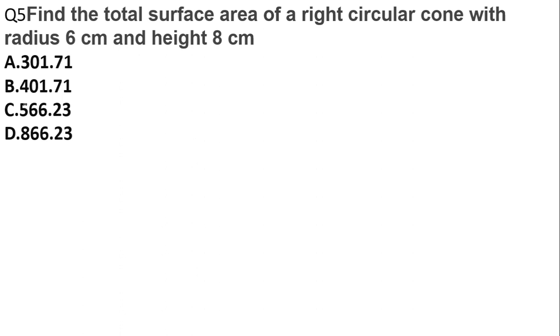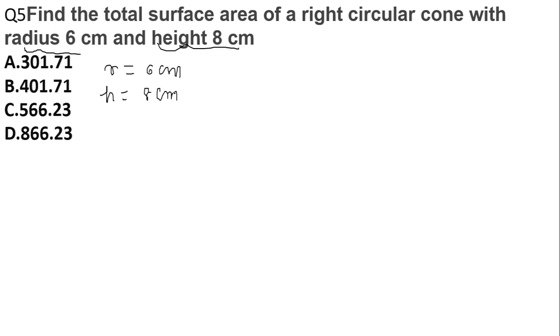Moving on to the next question, we have to find the total surface area of a right circular cone with the given radius 6 centimeter and height equal to 8 centimeter. Radius is equal to 6 centimeter. Height, meaning the vertical height, is equal to 8 centimeter. Whenever they simply mention height in the question, you have to take the vertical height.